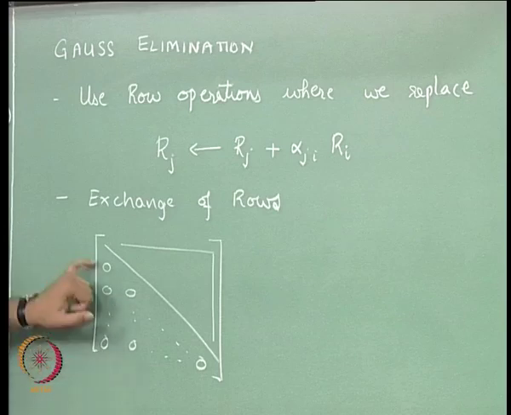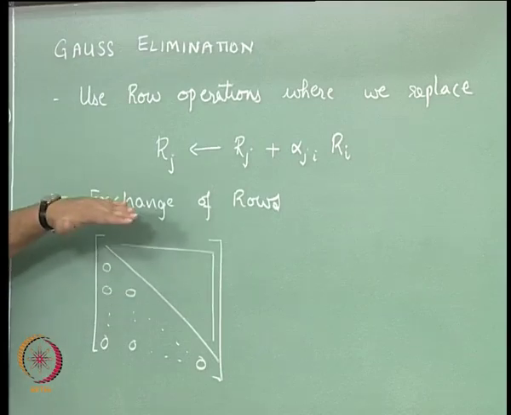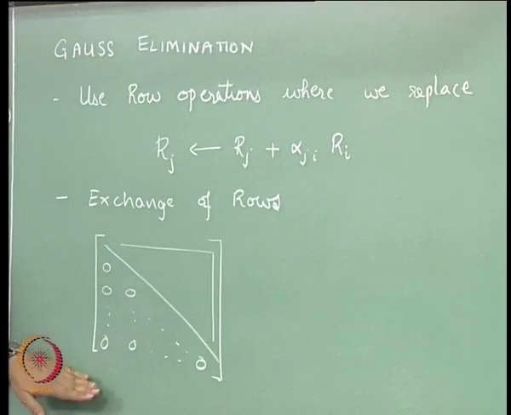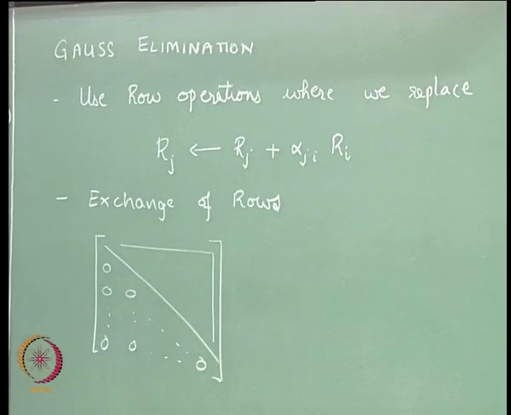Okay. So, we will try to get zeros in all the equations. Below equation number 1 we will get zeros for the variable x1, below equation number 2 for all equations we will try to get 0 for the variable x2, so on and so forth.